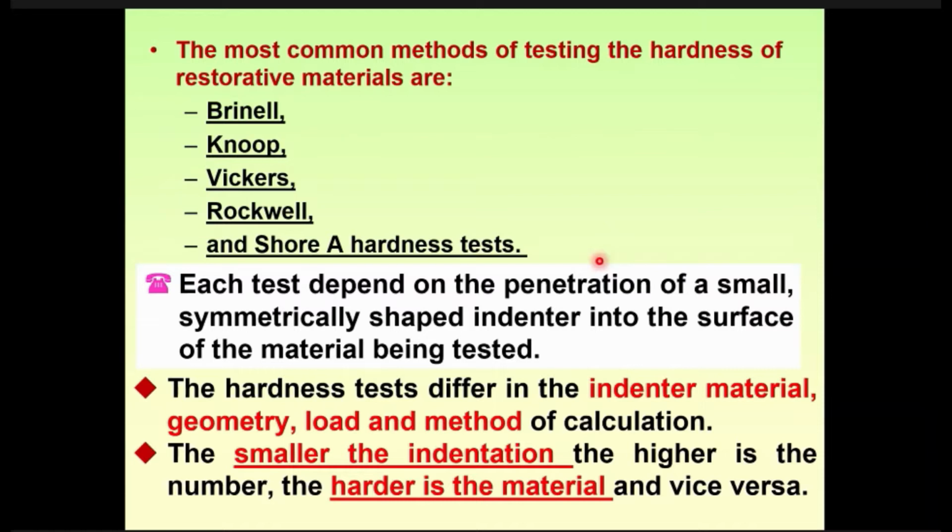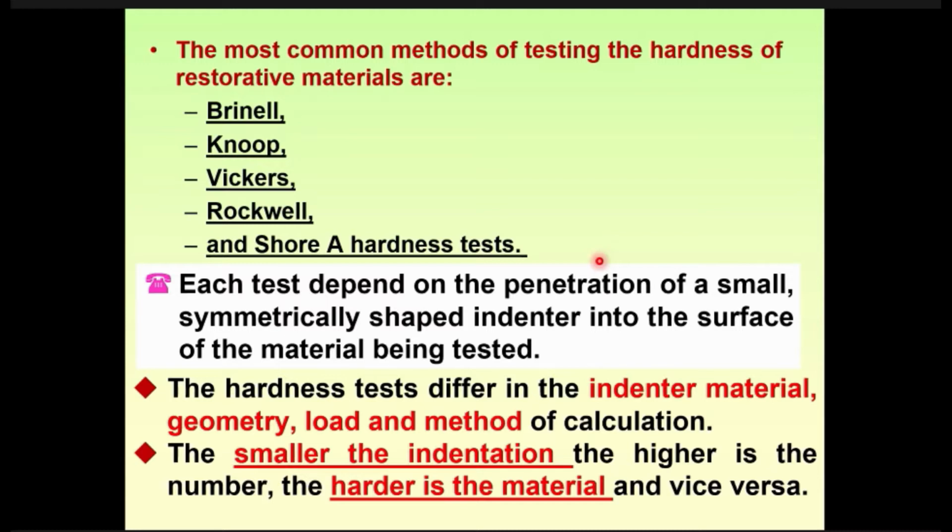I would like to say the principle of measuring hardness is the same. How we measure the hardness, we press a simple indenter into a material. And then we see the size of the indent, like the size of the penetration into the material.